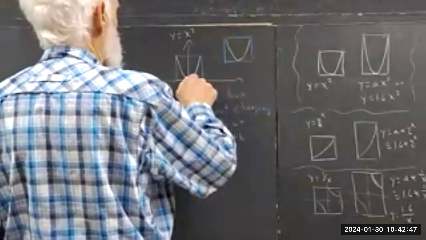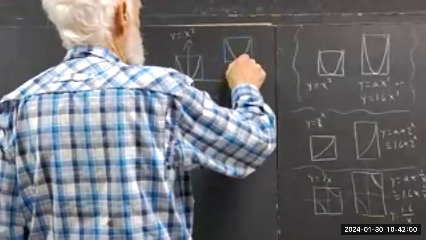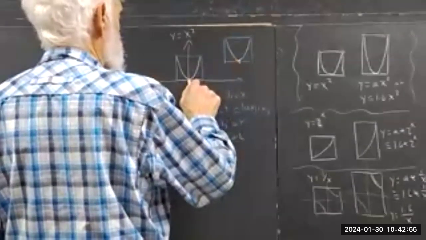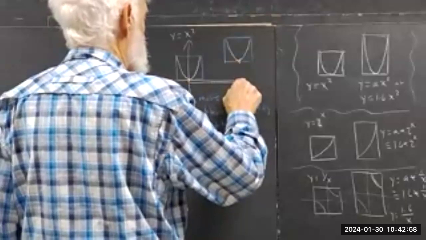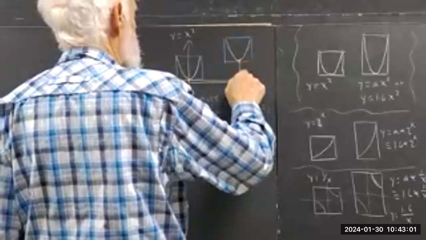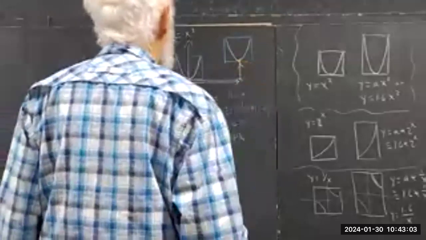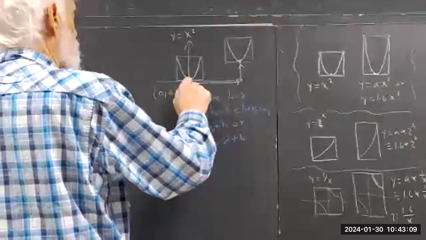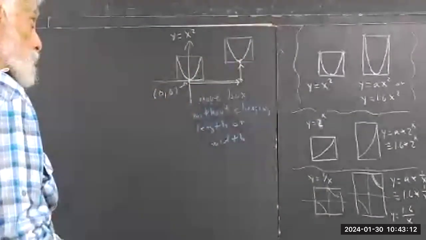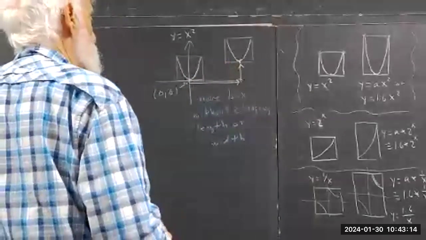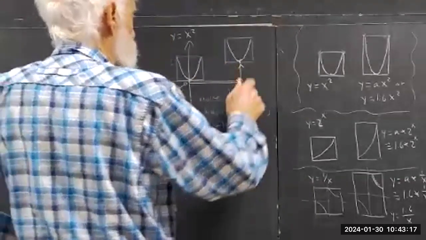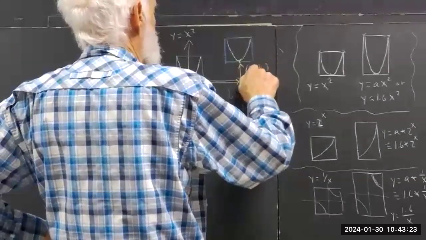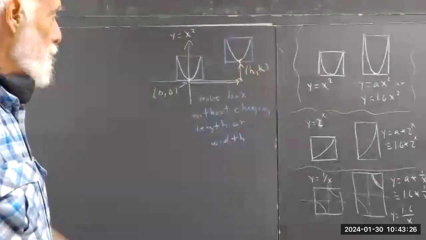I'm going to just take the center of the lower edge of the box and see where it goes. It goes over this far and it goes up this far. And well, coordinates of this vertex here are 0, 0. That's the coordinates for the toolkit function. And the coordinates of this point, well, I'm going to call the coordinates H for horizontal, and K for the vertical.